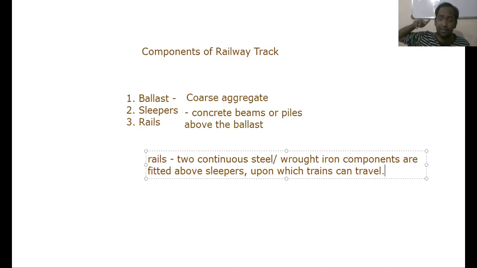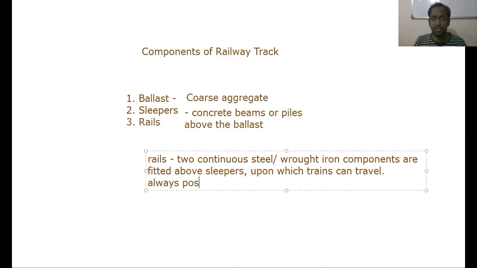Two rails are there upon the ballast, and the two rails are always positioned away from each other at the same distance. So they are called rails.